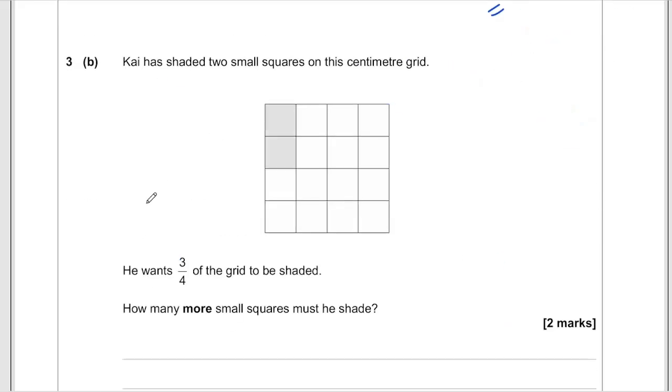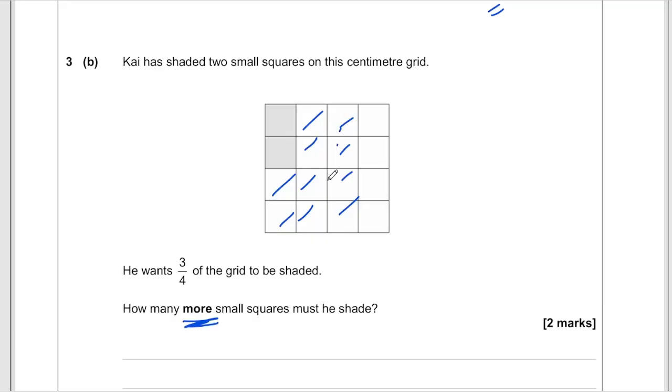3B. Kai has shaded 2 small squares on this centimetre grid. He wants 3/4 of the grid to be shaded. So if I shade in 3/4 of this grid, so that's 1/4, 2/4, 3/4. That will give you 1 mark because you're highlighting the area that needs shading. But what it says is how many more squares must he shade?